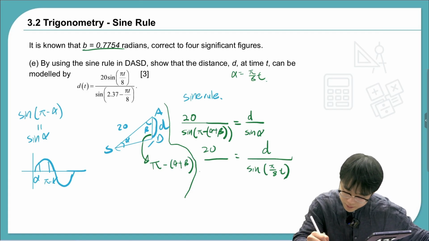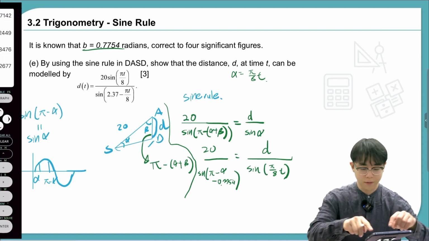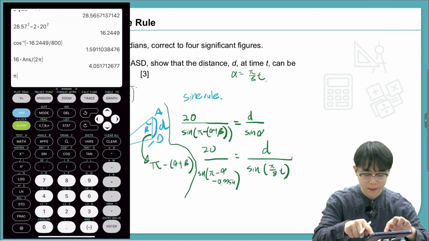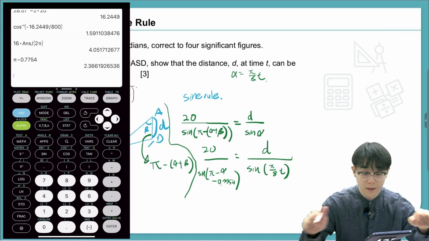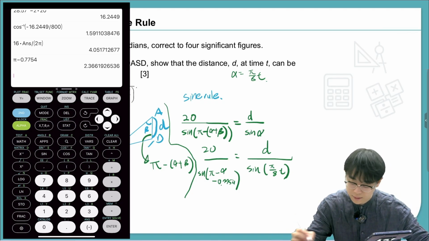So we don't have to change this. This would be sine of pi minus alpha minus 0.7754. And if you do pi minus 0.7754, that is 2.366.